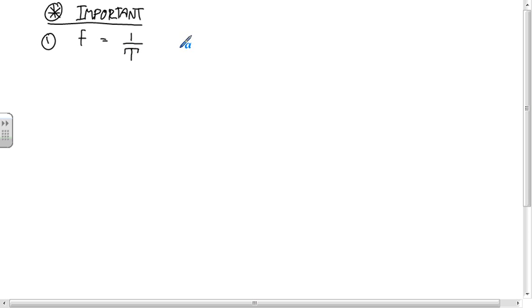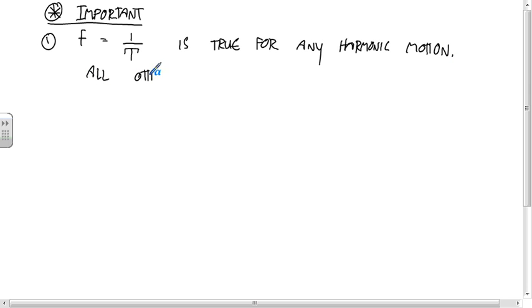So this is true for any harmonic motion. All the other equations are only true for simple harmonic motion.